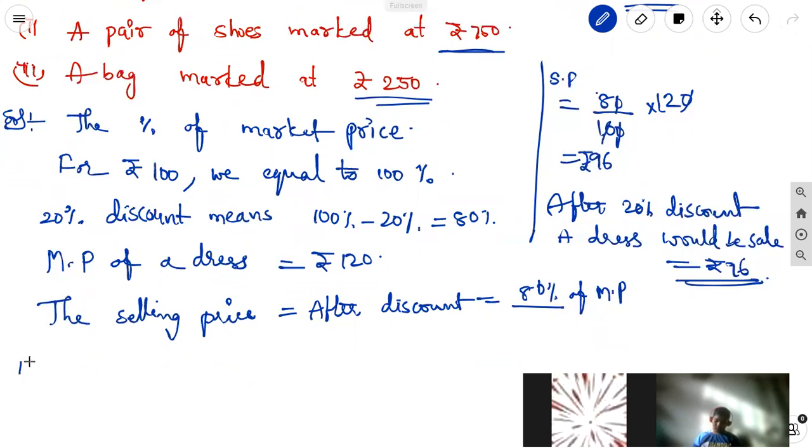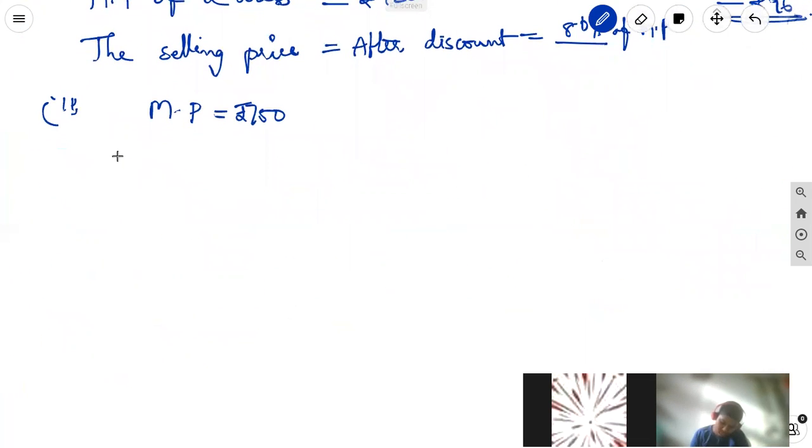The second question. The market price is 750 rupees. What is the selling price? After discount, how much do we pay?